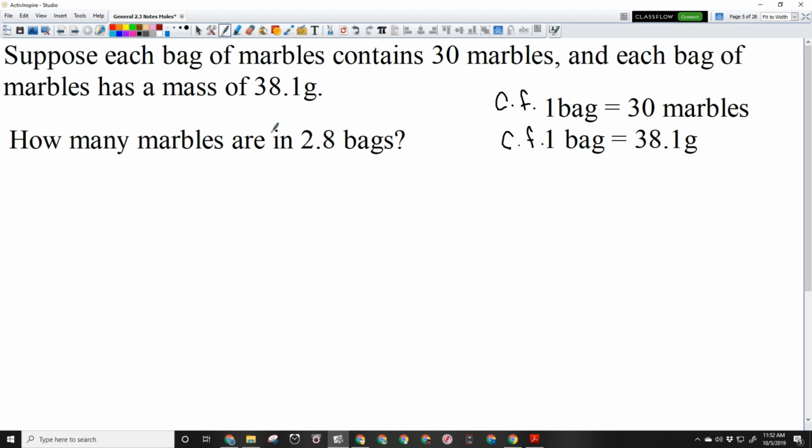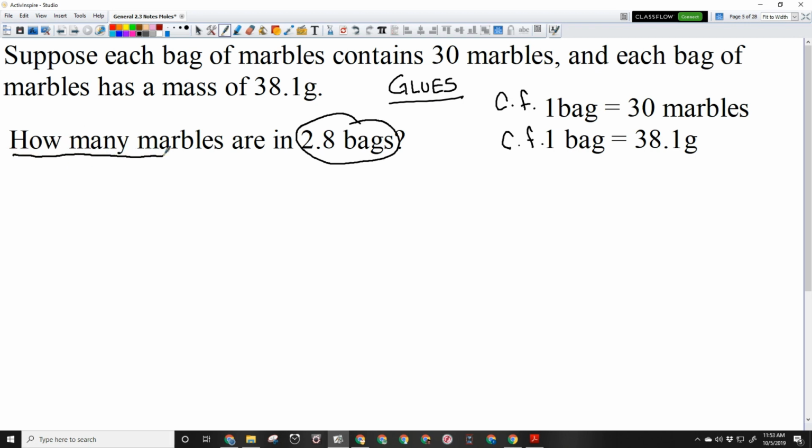All right, so how many marbles are in 2.8 bags? Okay, so I'm going to circle my given. Remember GLUES? Okay, it's coming back into play. We're going to list them out, but there's only one given, so there's really no use in listing it out. We're going to underline what we're looking for.